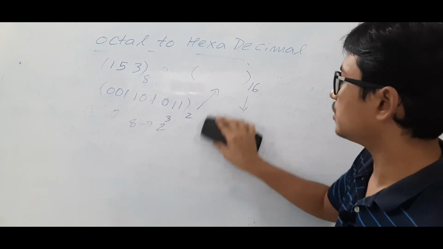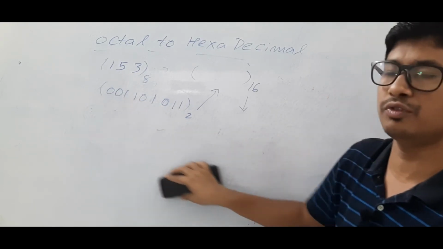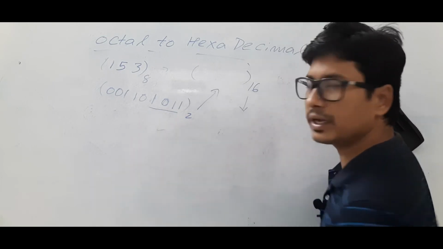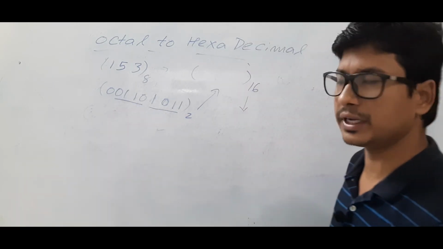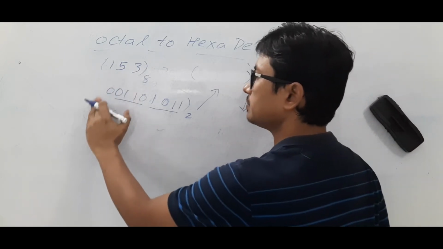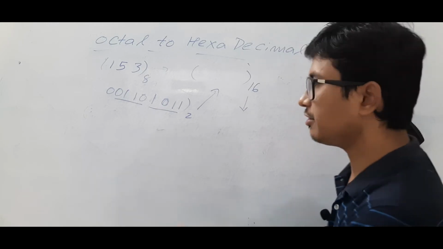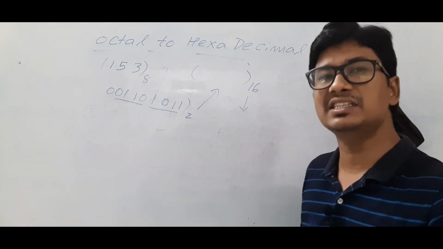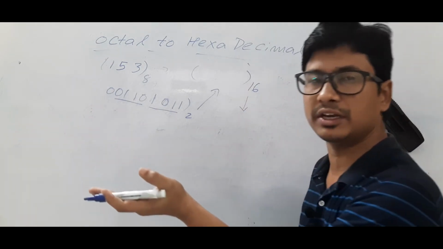Let's see how I can do it. I hope you have understood why I should take 4 bits. First 4 bits you take, and then the remaining 4 bits you take. Now remember one thing, if any bit is left after dividing into 4 and 4, if 1 bit or 2 bits, fewer than 4 bits, are left, and if there are another 4 bits you can divide it further.